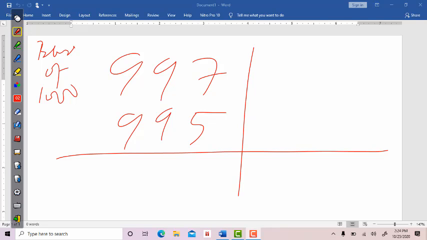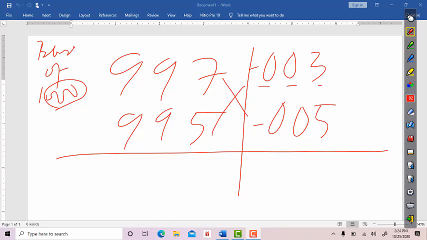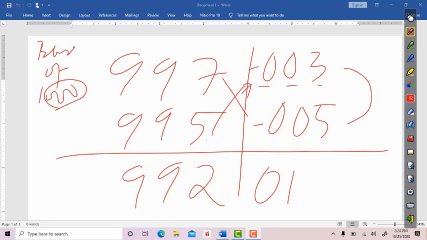1,000 has 3 zeros, so we will have 3 digits here. It will be 0, 0, 3, and this will be 0, 0, 5. So this way is the same. We do crosswise first, and we take the easiest one, which is from here. I think 995 minus 0, 0, 3 should be 992, and this would be 0, 15.